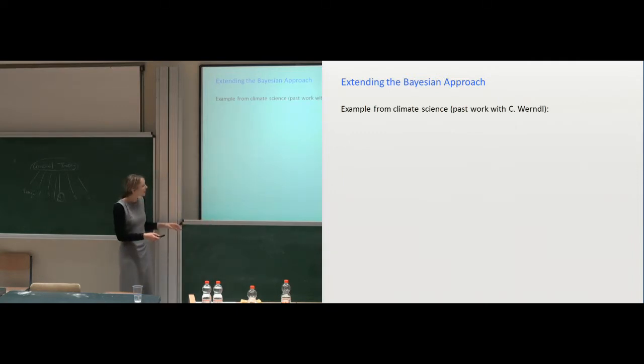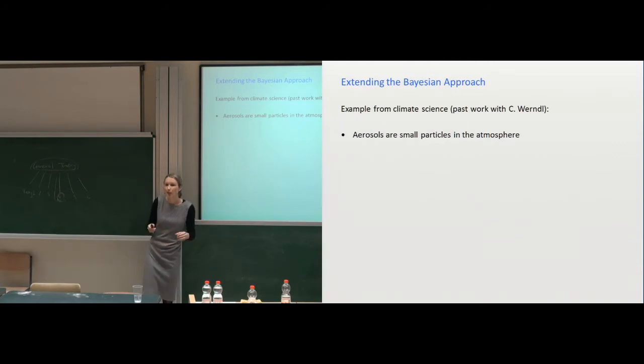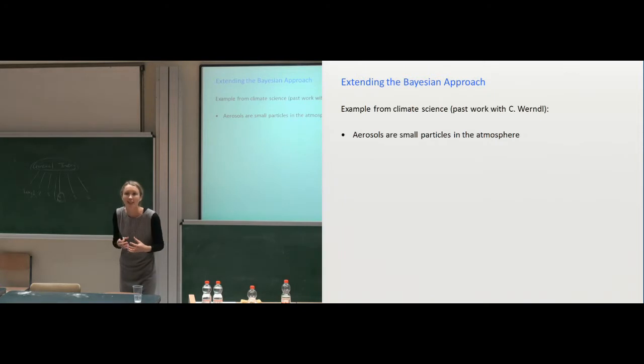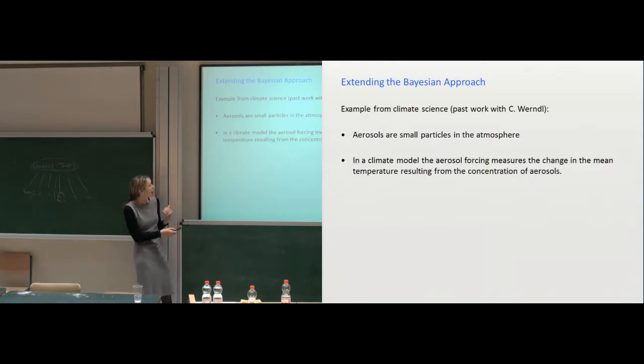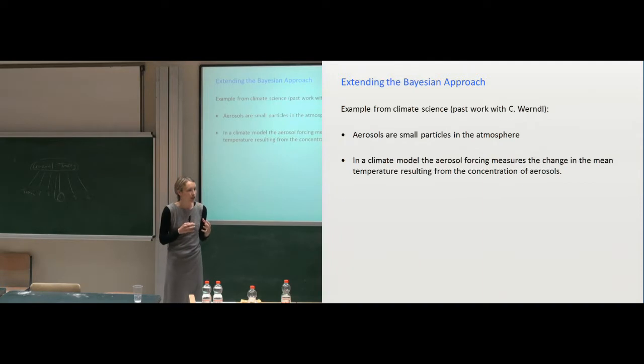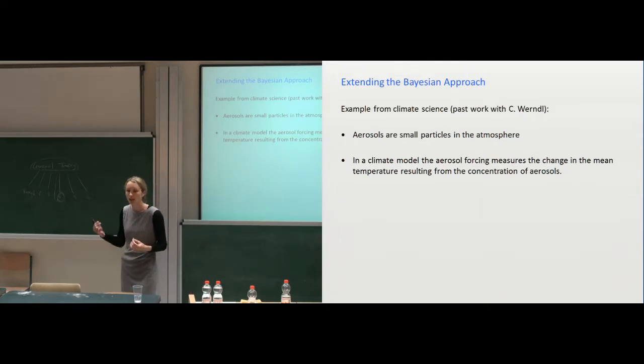Now, the problem is, where this notion of calibration, or building the theory to accommodate the evidence, comes in is with the aerosol parameter. So aerosols are small particles in the atmosphere. In the climate model, the aerosol forcing measures the change in the mean temperature resulting from the concentration of aerosols. So there's a fair idea of what carbon dioxide does to average global temperature.